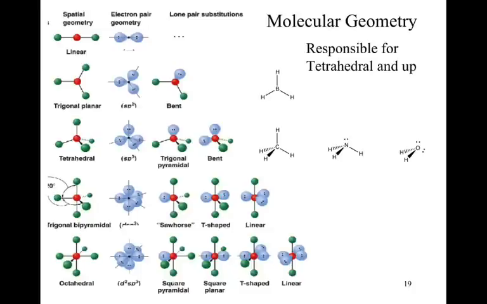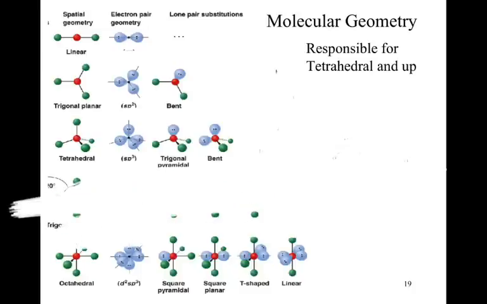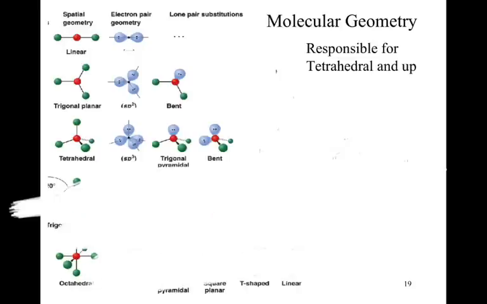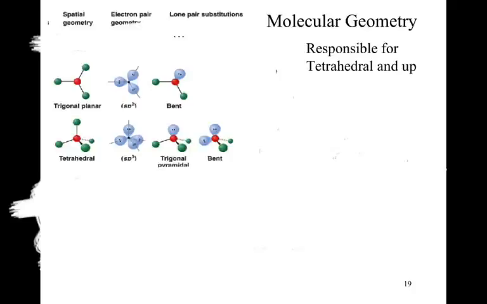Okay? A lot of stuff on here, so let me kind of clean some of this up a little bit. When we look at our NH3, we're in that tetrahedral electron geometry, or as this slide is showing, spatial geometry. Okay? But we then also have a non-bonding pair of electrons.